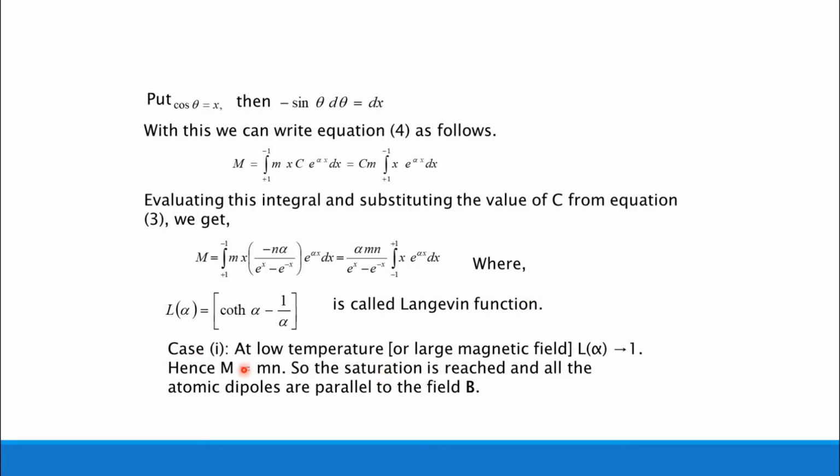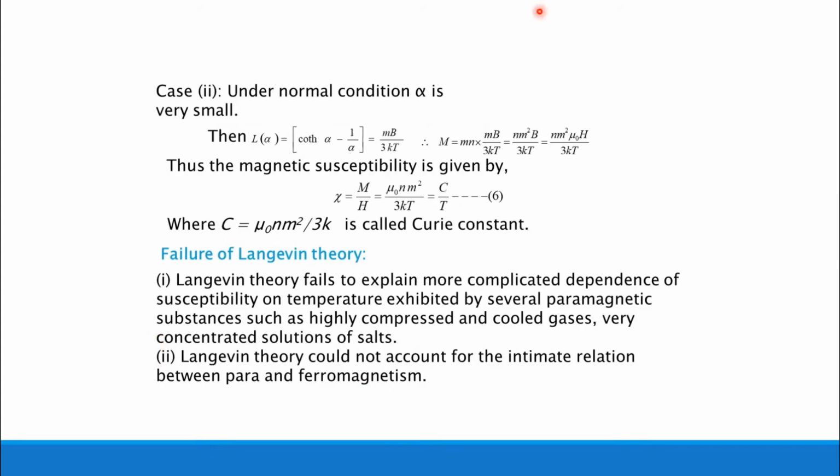Case 1: at low temperature or large magnetic field, L(α) tends to 1, hence M = mn, so saturation is reached and all the atomic dipoles are parallel to the field. Case 2: under normal conditions α is very small, then L(α) = coth α - 1/α ≈ α/3 = mB/3kT.